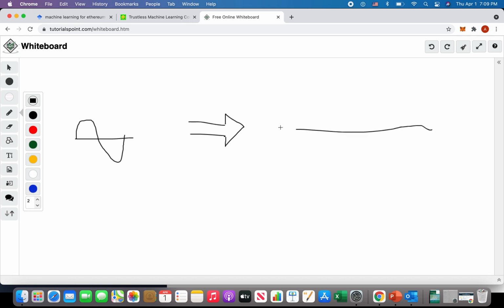Your output would be somewhere this way, amplified but inverted. This is the most important characteristic of a common emitter amplifier, which the other two configurations, that is the common base and the common collector, which we would be doing later, do not have. So this is one very important characteristic of the common emitter amplifier.